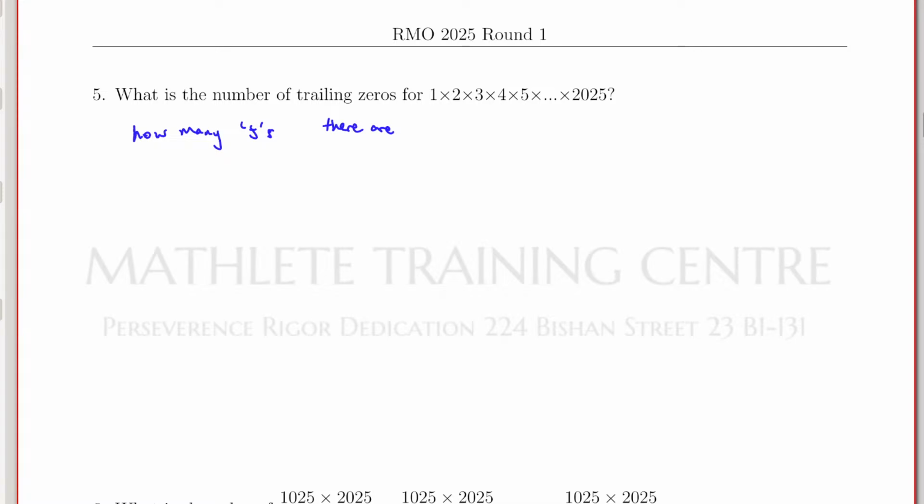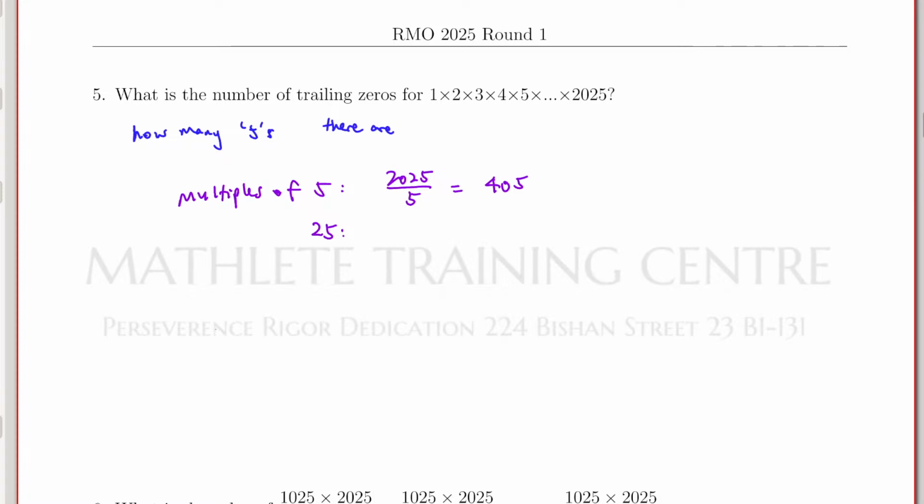So how many fives are there? Well, in this case, we can start by looking at multiples of 5. Multiples of 5 here, what we have is going to be 2025 divided by 5, that's equals to 405. Then next we can ask how many multiples of 25.